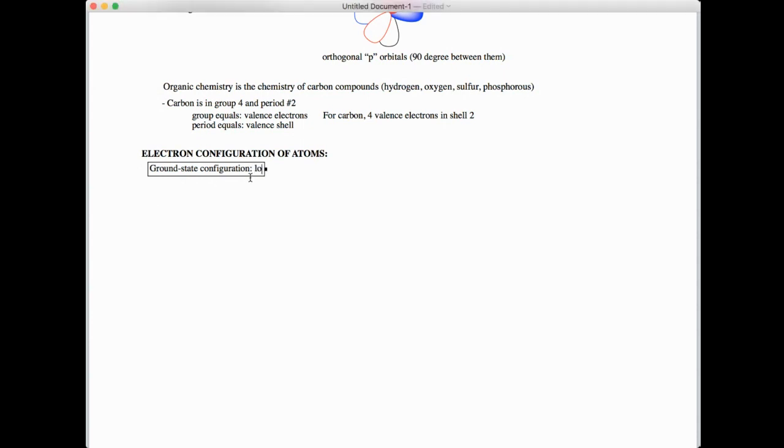That's why we care about this. That's the ground state configuration.